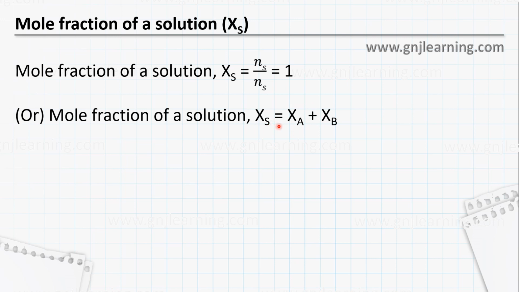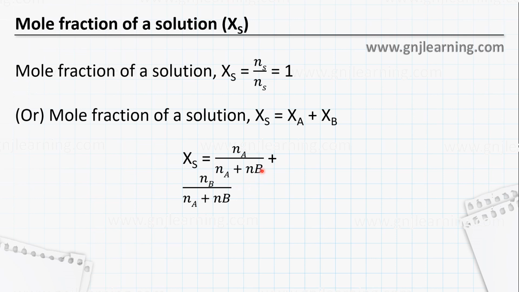So Xs is equal to Xa plus Xb, or chi s is equal to chi a plus chi b. In the previous slide we saw the expression for Xa. The mole fraction of component A is the number of moles of component A divided by the total number of moles in the solution.